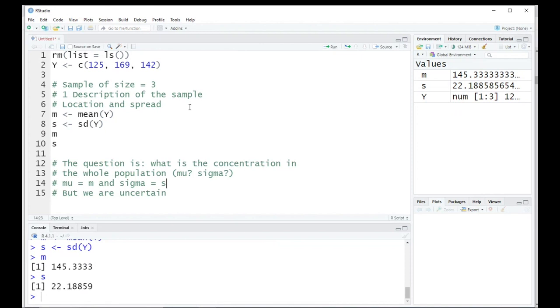And we see that in order to build an interval, we need a standard error for the estimate. What is the standard error? It measures the spread of the variability across estimates when we repeat the experiment.